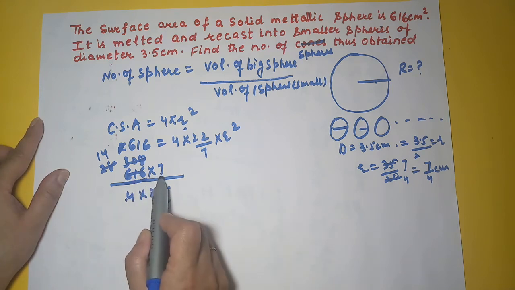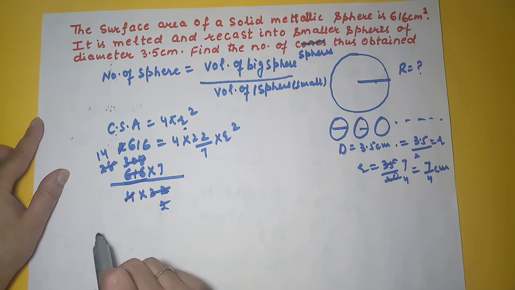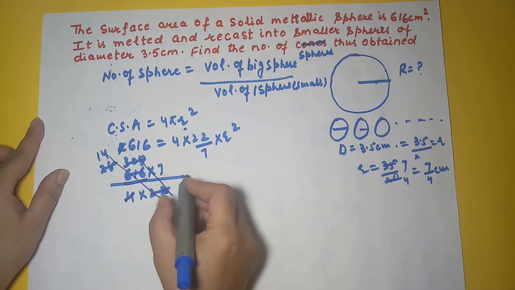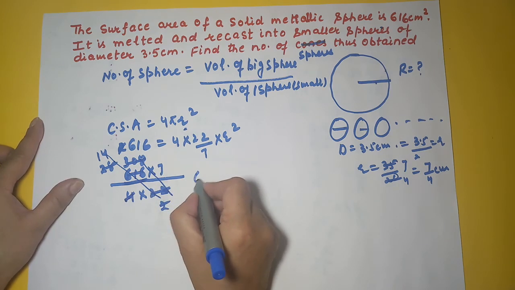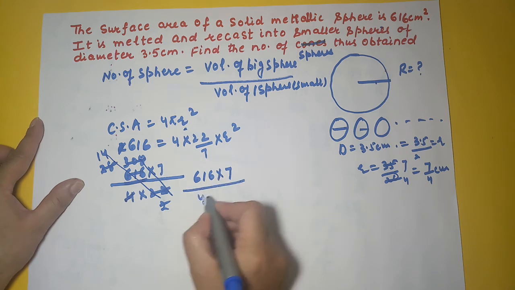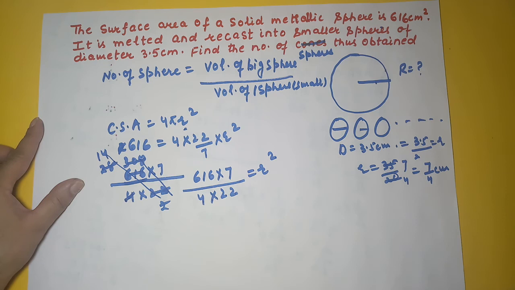Have I made any mistake? Something is wrong. Okay, let me check it again. What have I done? I have 616 into 7 divided by 4 into 22 is equal to r square.